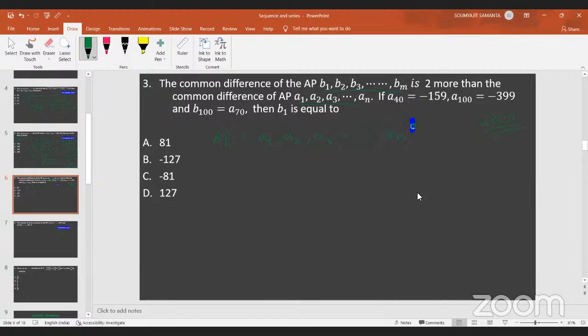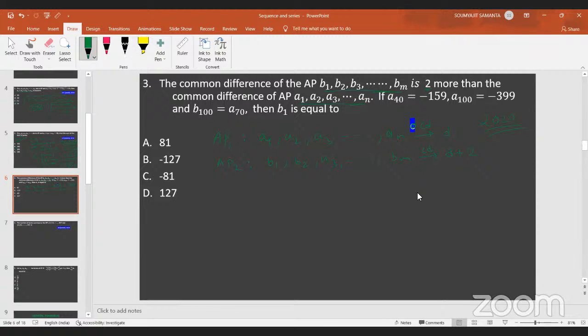I'm taking the common difference for the first AP as D. So what will be the common difference of the second AP? It is given 2 more than the common difference of the first. If it is D, then it will become D plus 2.